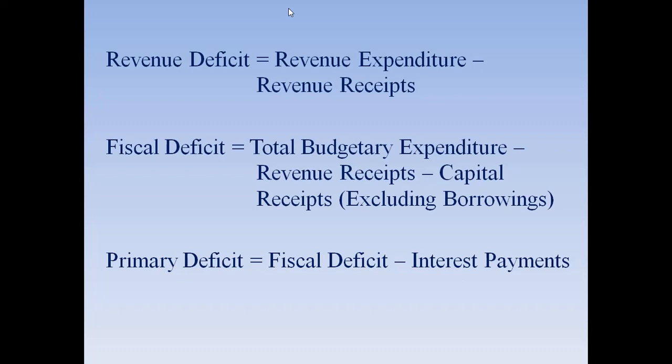Capitals are not involved there, but in fiscal deficit the capital part is also involved. So fiscal deficit shows that the government's total expenditure is more than the total income. Remember that part. And you should remember that in capital receipts you must exclude borrowings, because borrowings create liability.